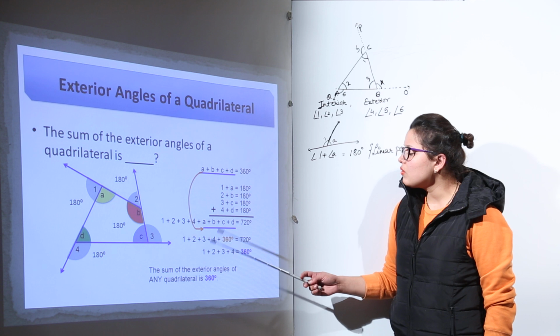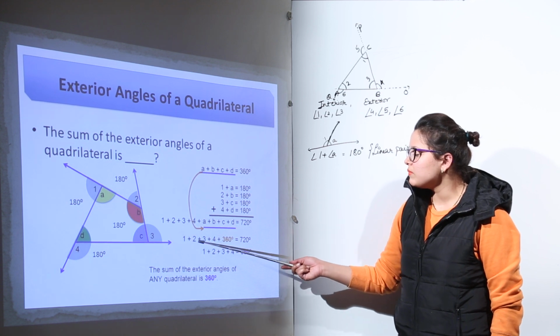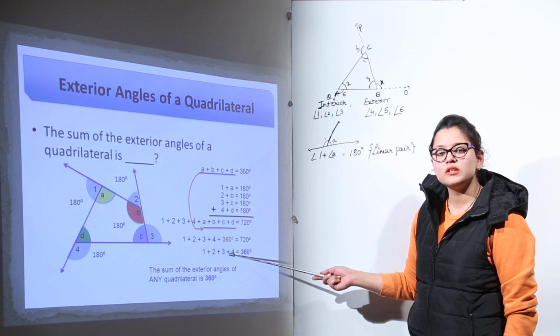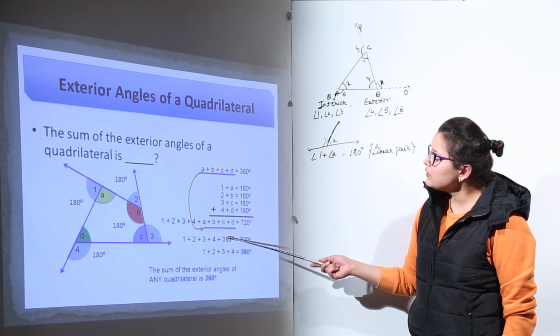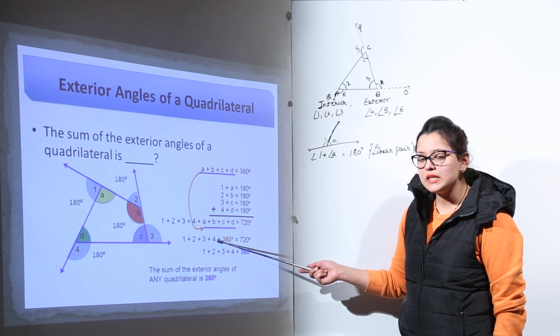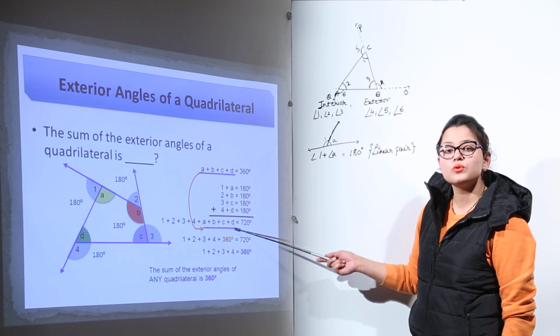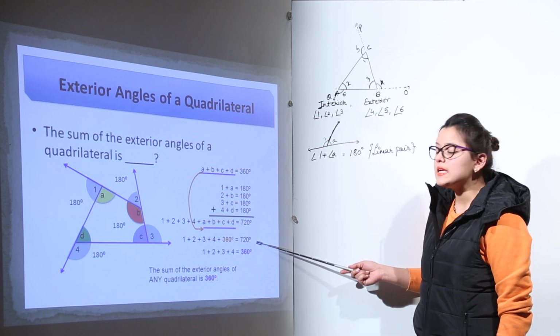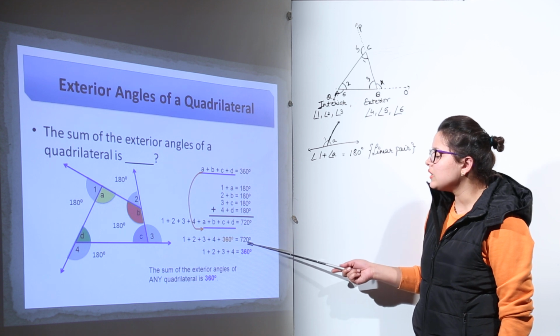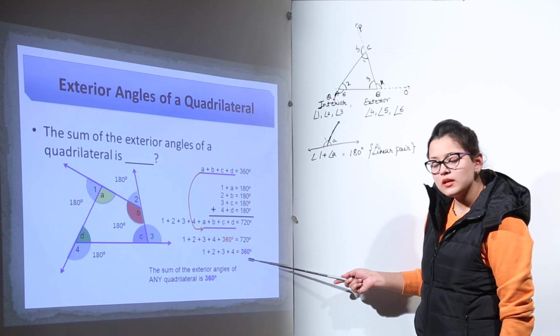Clear enough? Now on solving, you take 1, 2, 3, 4 angles as they are, because that is what we have to find out, and you take 360 to the other side. Because 360 was getting added on this side, when you transpose it to the other side, it will get subtracted. So if you subtract 360 from 720, you get 360, right?